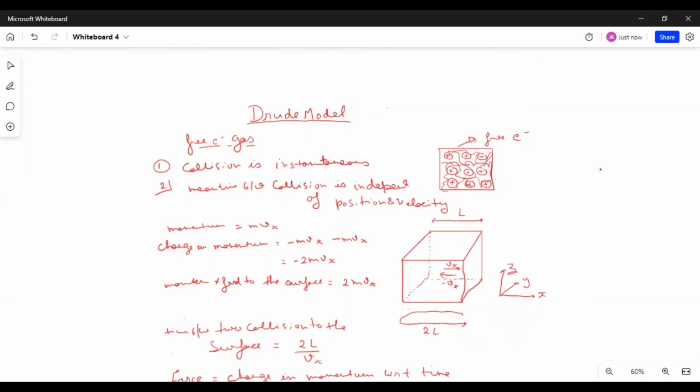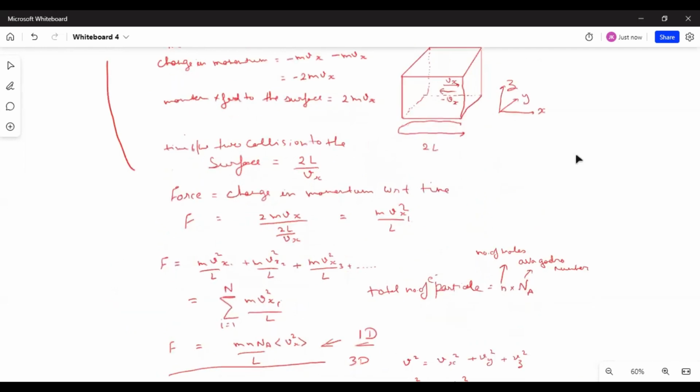The momentum transferred to the surface, because of conservation of momentum, will be 2mvx. When the electron reaches this surface the second time, it has to travel a distance of 2L. So the time between the two collisions with the surface will be 2L by vx.